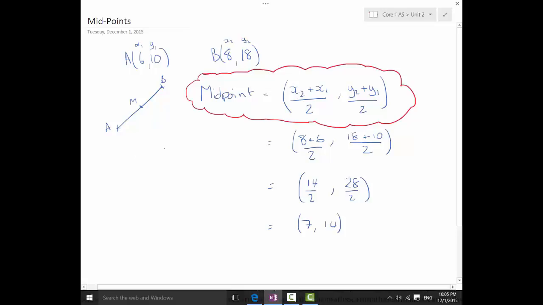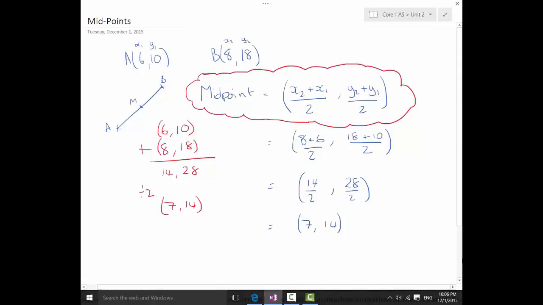But I know when I do midpoints, if I'm given 2 points, the way I do it is I write one coordinate above the other, I add them together just like we did here, so you get 14, 28, and then I halve them, so I get 7, 14. The answer is the same, I just prefer that nice quick method.